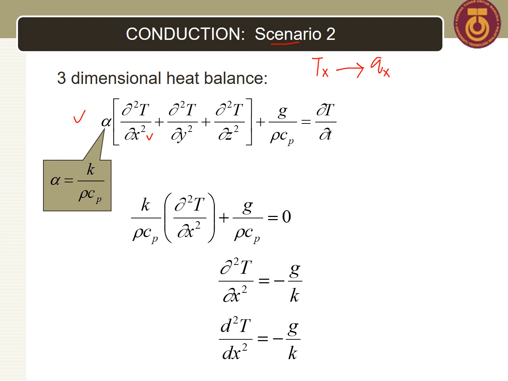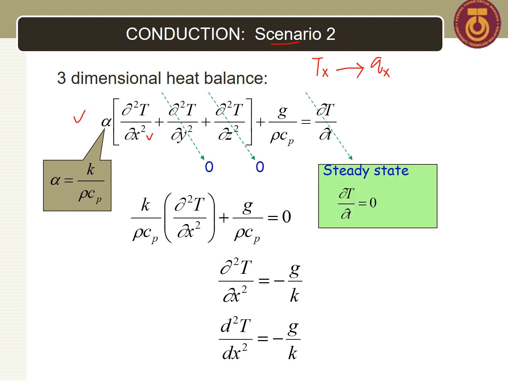So for y and z the terms become 0. Because of another assumption, that we consider the system in steady state, this part, delta T over time, the change of temperature over time, also becomes 0. And for scenario number 2, G, the heat generation rate, is no longer 0, so it remains.